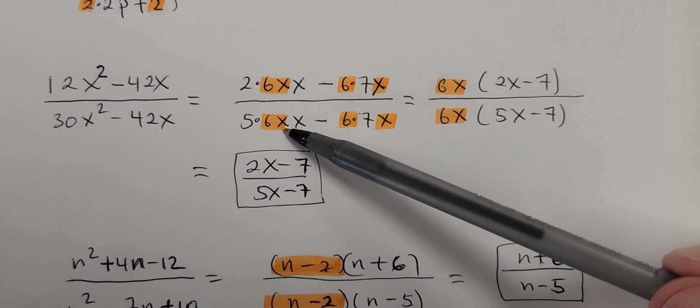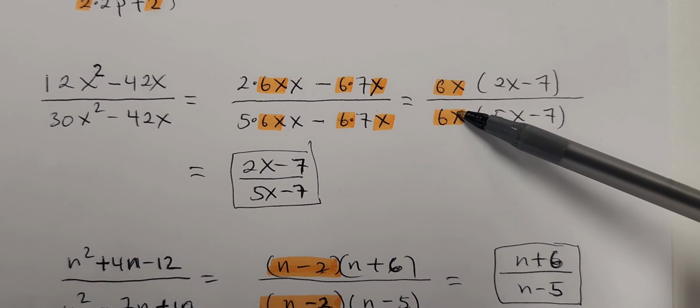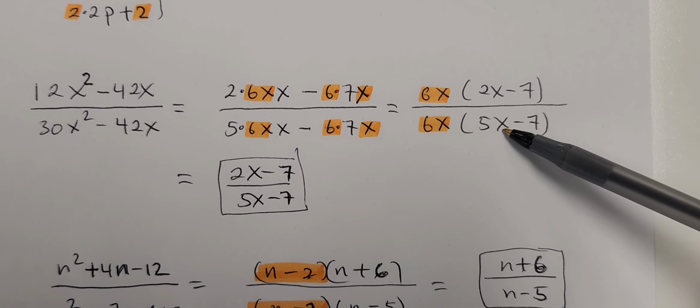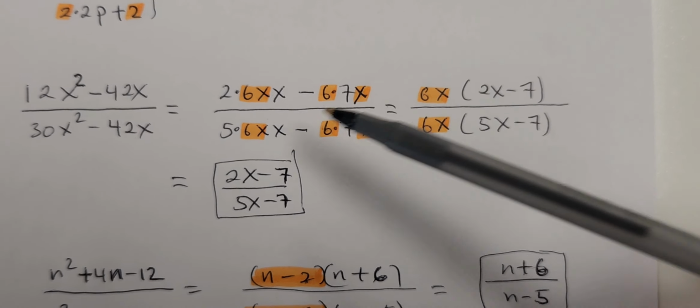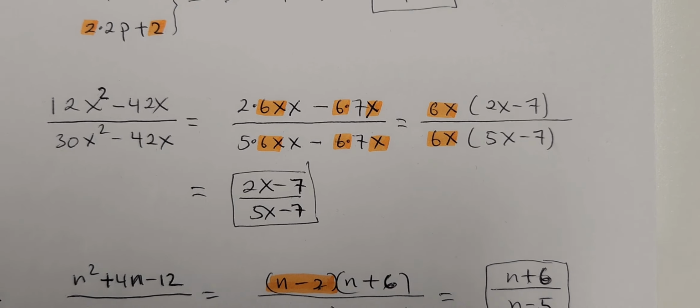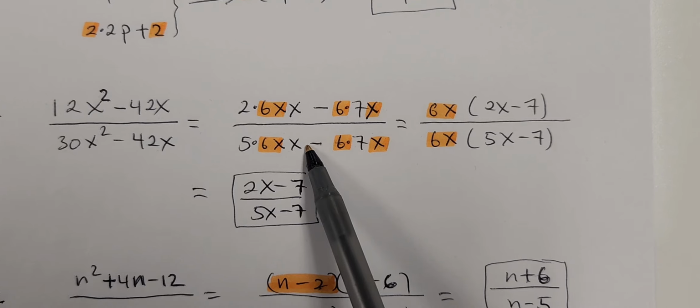Same thing on the bottom. I took out the 6x and the 6x because they are the same. Put it in front. Anything that I didn't take out, put it back inside the parentheses. So 5x minus this 7. Be very careful. One more time, find the factors for each of these terms.